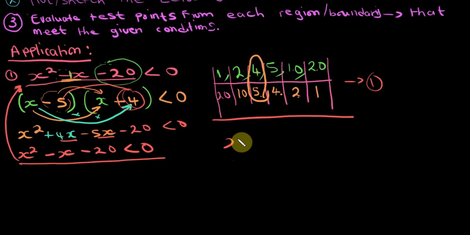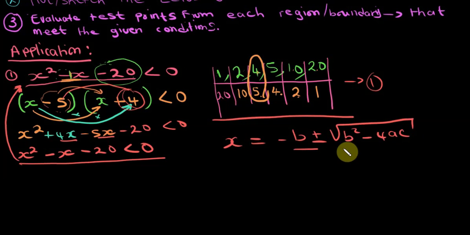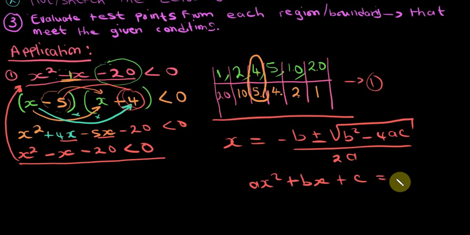Another method we could have used is the quadratic formula: x equals minus b plus or minus the square root of b squared minus 4ac, over 2a, where b is your coefficient of x, in this case minus 1, c is your constant term, minus 20, and a is the coefficient of x squared, in this case 1.